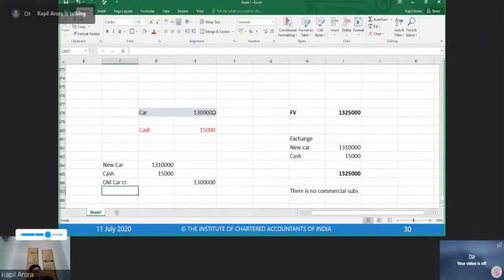If we are going to look at the commercial substance, that's what we do. So new car 13 lakh 10,000, cash 15,000, old car credit 13 lakhs, and there is a profit of 25,000.